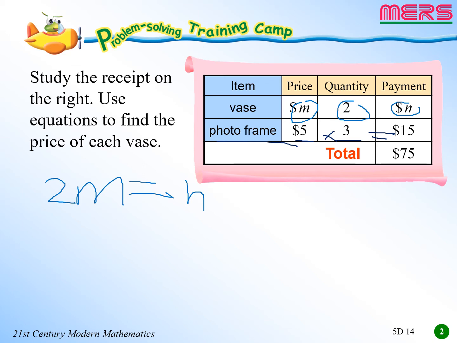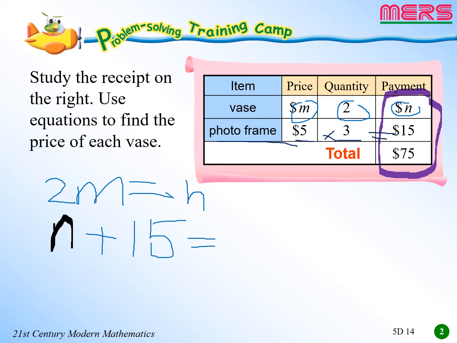So we cannot use this equation to solve M. And then we look at another relation. We can look at the payment. In the column of payment, N plus 15 equals 75.